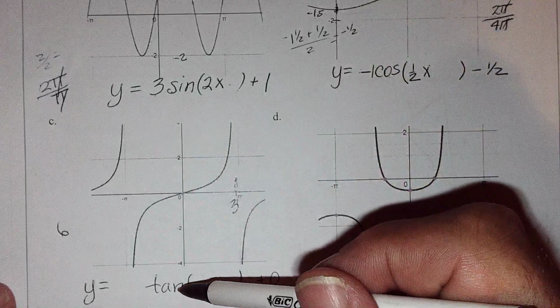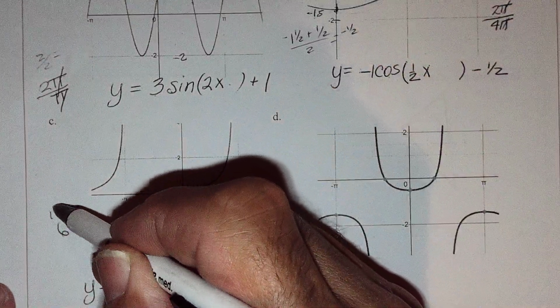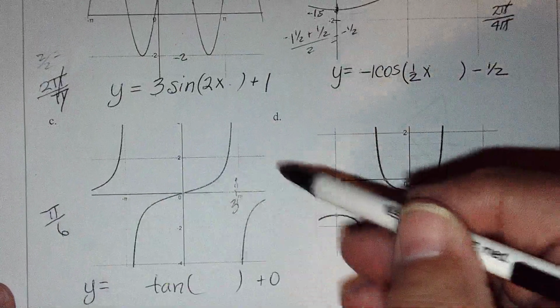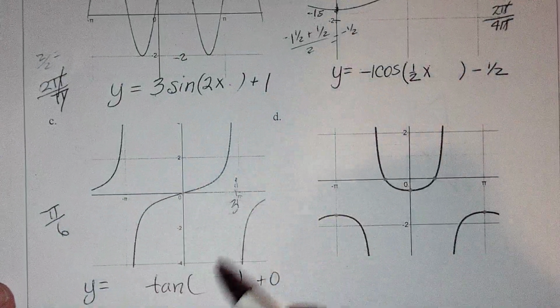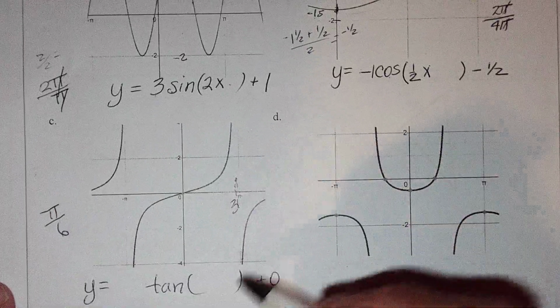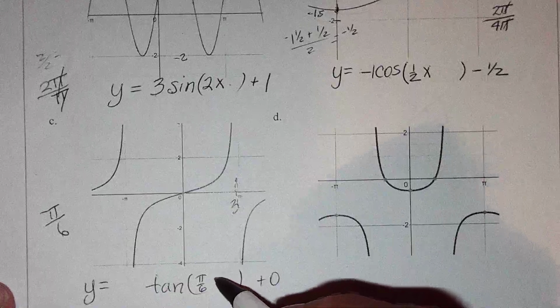Not 2 pi, but just 6. The normal period for a tangent is not 2 pi, but pi. And if we divide that by the actual period, 6, we get what should go in front of the x: pi over 6 x.